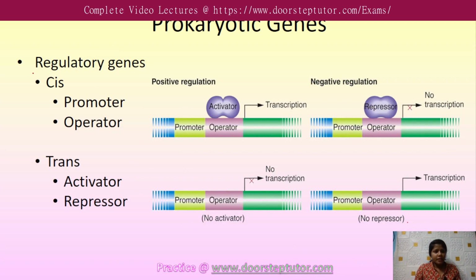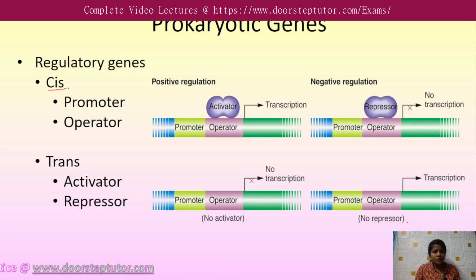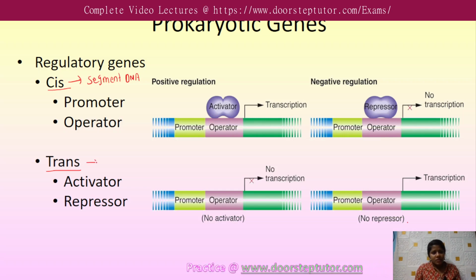After that, we will see regulatory genes. There are two types of regulatory genes. First one cis and second one is trans. Cis genes are nothing but the segment of DNA or the part of DNA. And trans genes are not the part of the DNA.